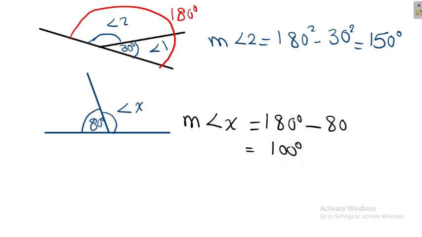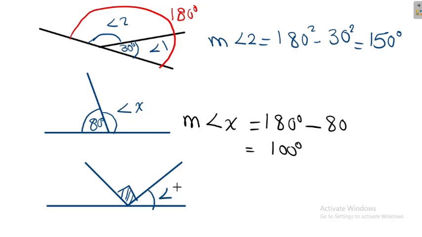Another one. Let's erase this line. We have a straight line here and an angle and another angle. And guess what? This angle is a right angle. So we have three angles on the straight line. This is angle 1 and this angle is 50 degrees. So what is the measure of angle 1?